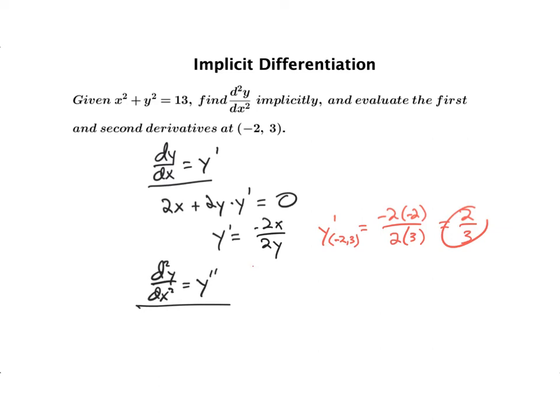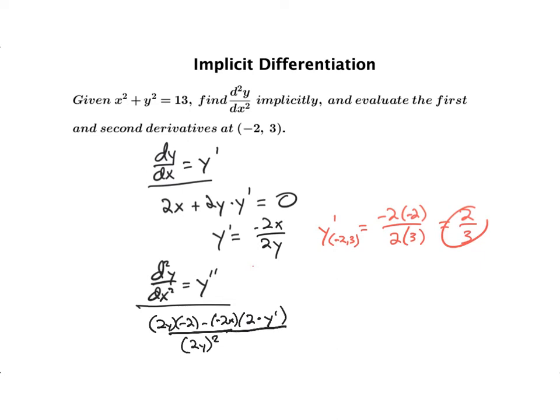So our second derivative is going to be the denominator of the first derivative squared, and then the denominator times the derivative of the numerator minus the numerator times the derivative of the denominator. Now be careful here. This is going to be the outer function, 2y. The derivative of that is 2, and then times the inner function, y prime.